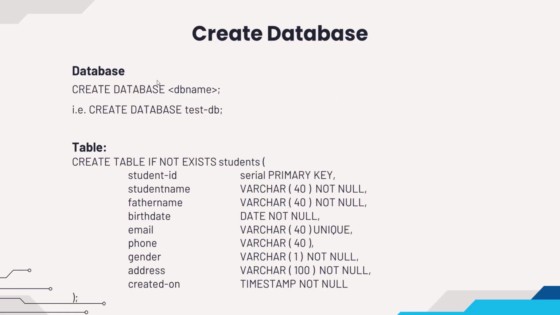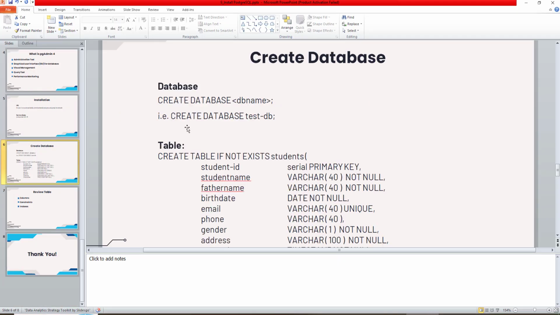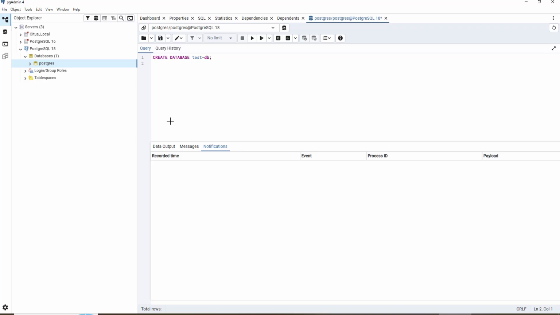then we can create a new database. This is the database command using the command line tools: create database, then the database name. We can create the database with the name test-db. We place the command here, create database test-db, and execute the script.